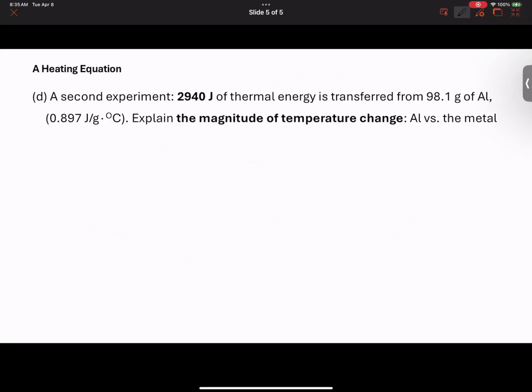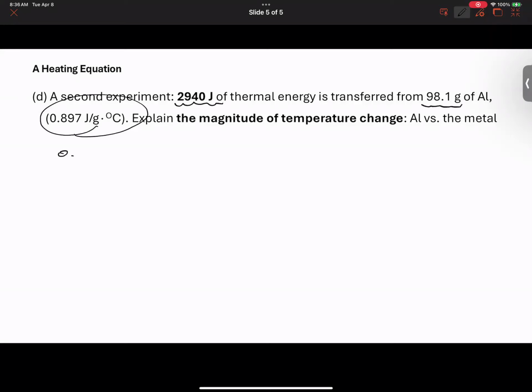Now a second experiment: the same amount of heat is transferred from 98.1 grams of aluminum. Now we know the identity of the metal, aluminum, 0.897 joules per gram Celsius. Now explain the magnitude of temperature change for the aluminum versus the first metal. Everything is the same: the mass is the same, the amount of heat transfer is the same, and the only difference is now the specific heat.